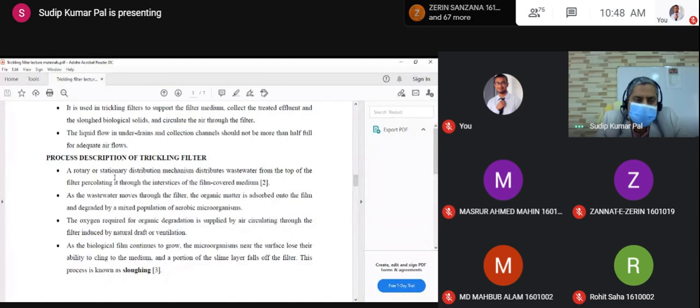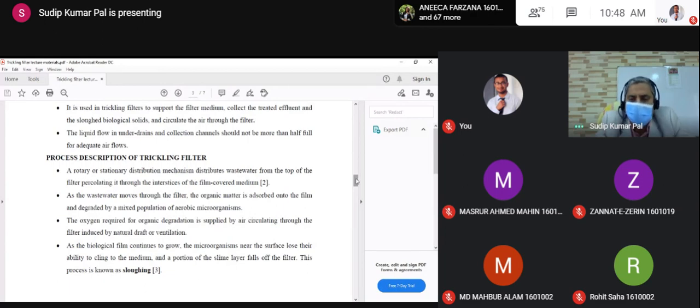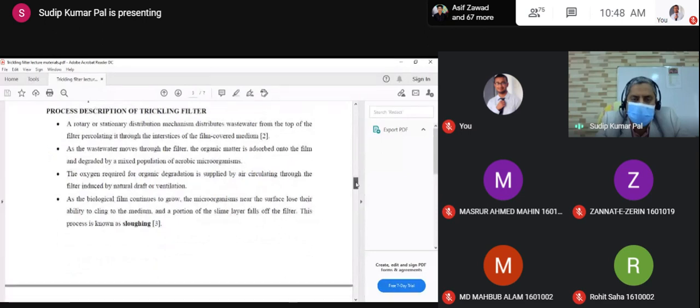As you can see, this is how the system works, and later on how the bacteria, when they die, become solid, and that solid falls out from the system. We take it out by cutting off the surface, sloughing the surface, and that is the solid after degradation of organic matter.